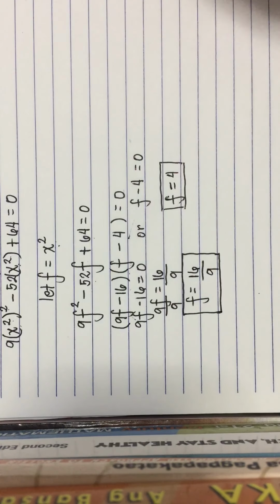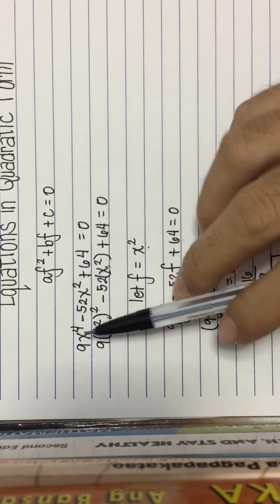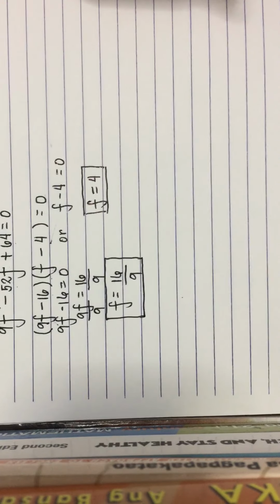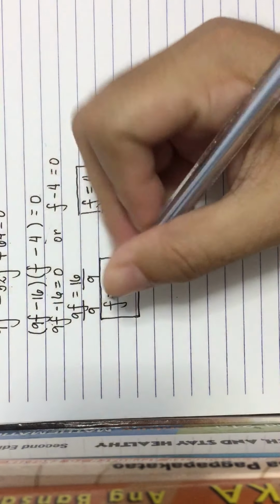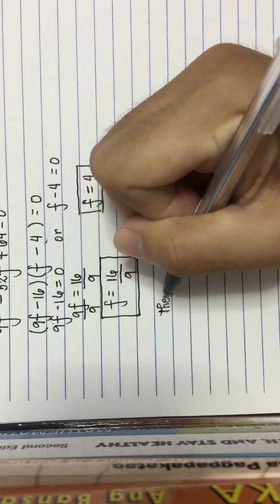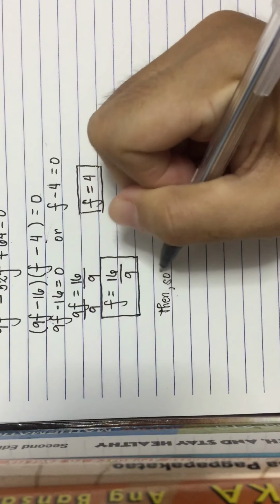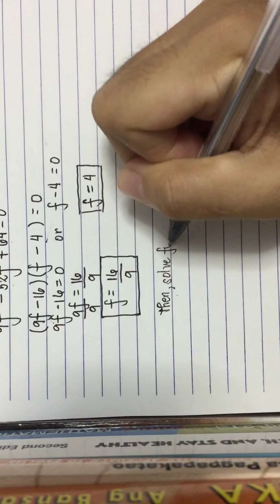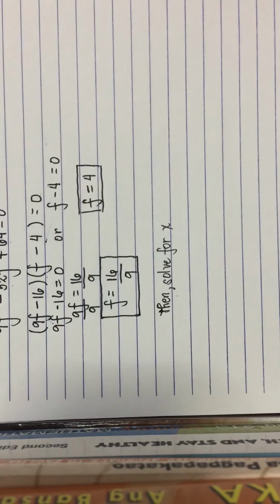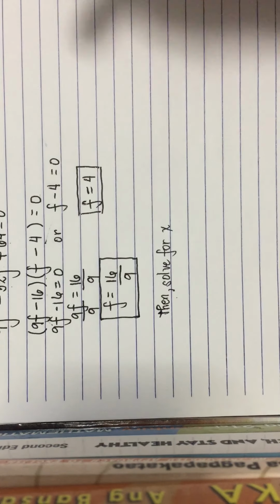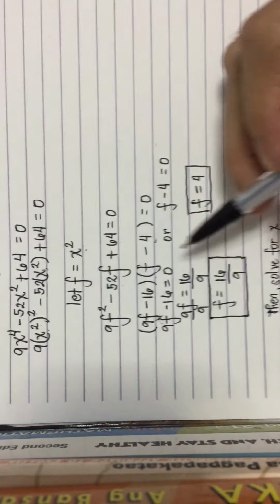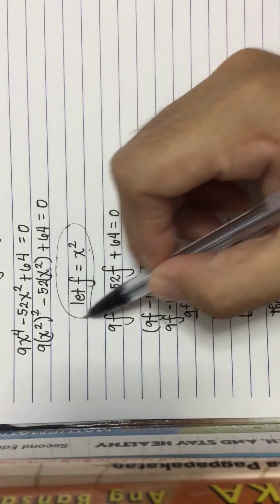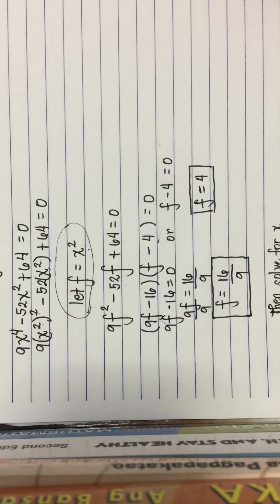But it doesn't end here because we have to solve for the value of x. So the next step is solve for x. So how are we going to solve for x? Let us go back to this one. Let f equals x squared.